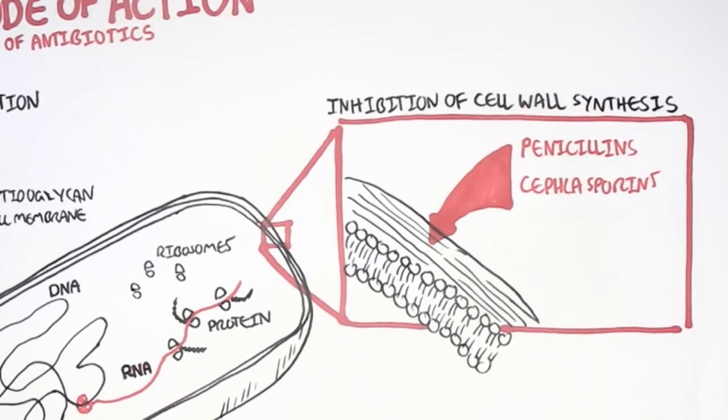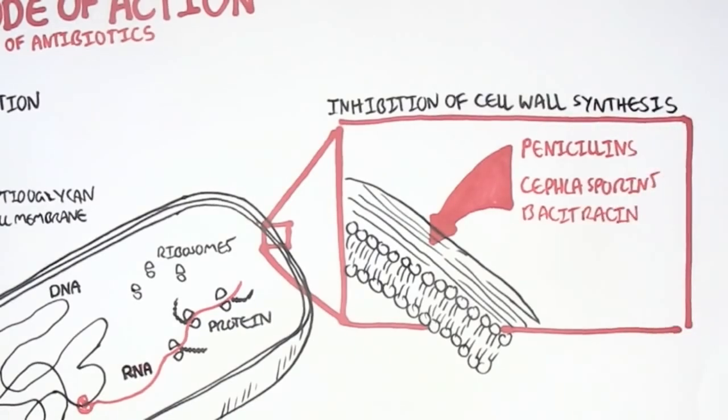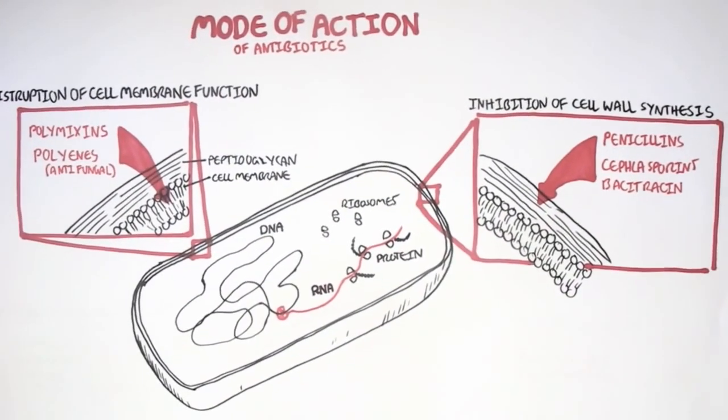A good thing about these drugs is that they won't affect human cells, because human cells do not have peptidoglycans. We do not have cell walls. Penicillin and cephalosporin are beta-lactams. And then you have the bacitracin and other glycopeptides that prevent the synthesis of cell walls as well.